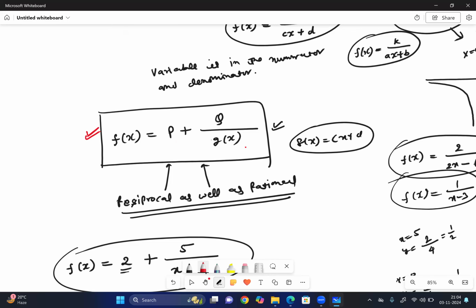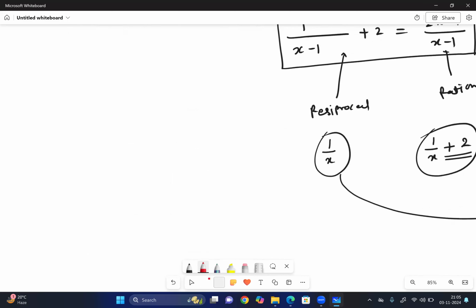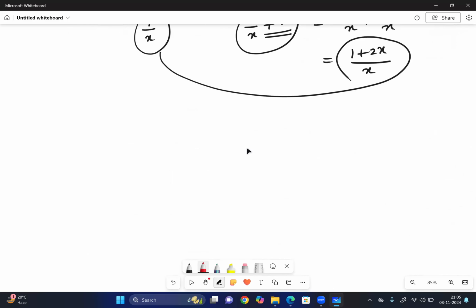Now in these forms, one quick thing. If I have P plus Q upon Gx, we again have two asymptotes: one horizontal and one vertical. The horizontal asymptote here is y equal to P, that constant.